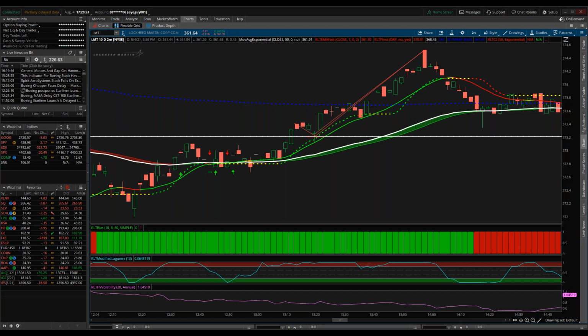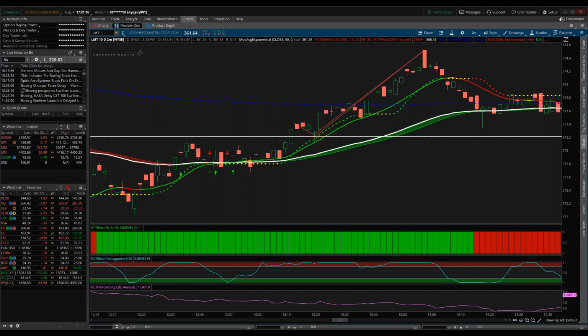Mark, is the exit on the close of the bar after color change? It's at color change, Sathir. It could be right in the middle of the candle. If it flashes yellow or green on a short trade, it takes the trade out. Does not wait for the candle to close.